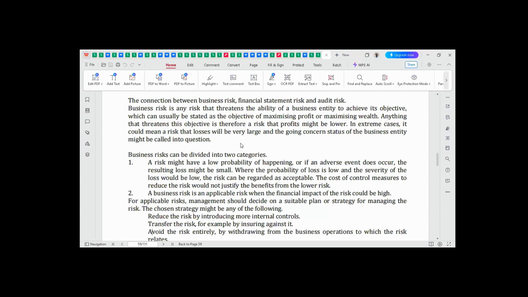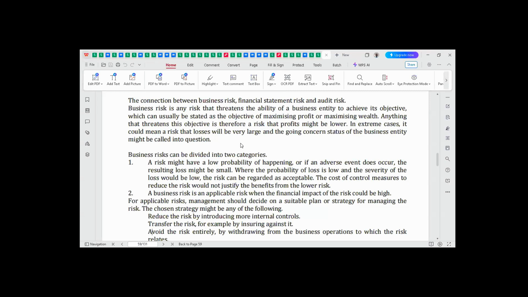So if there's going to be an issue in the financial statement, it will start from the business risk, and it will now influence the financial statement risk. And ultimately, it will affect the auditors in terms of their audit risk. So the essence here is that as an auditor or as a business, we must ensure that we comply with all the relevant laws and regulations. That's number one.